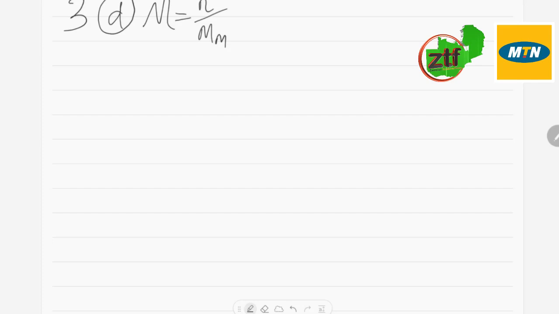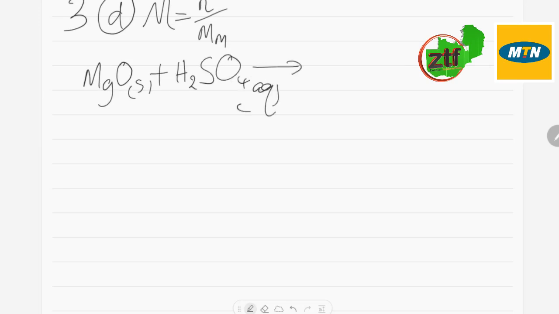We can even use magnesium oxide. So magnesium oxide solid plus H2SO4 aqueous produces magnesium sulfate plus H2O liquid.